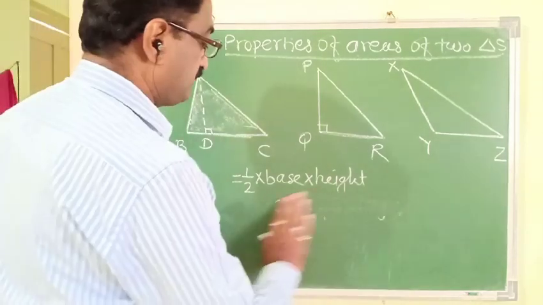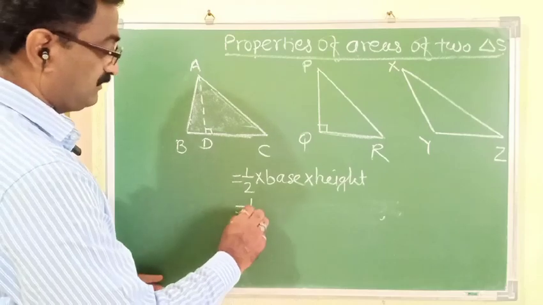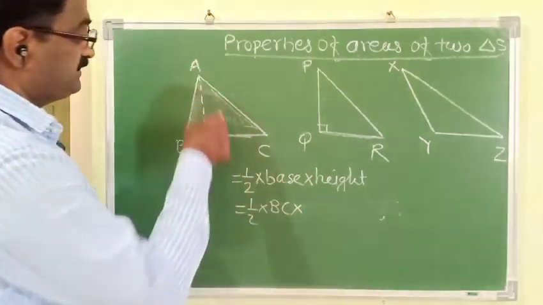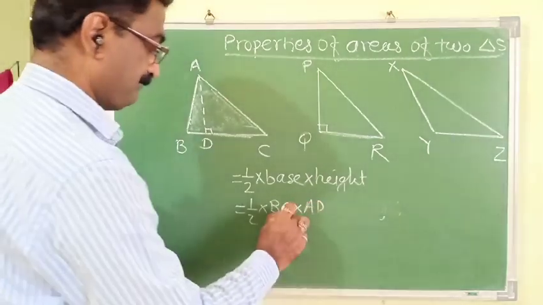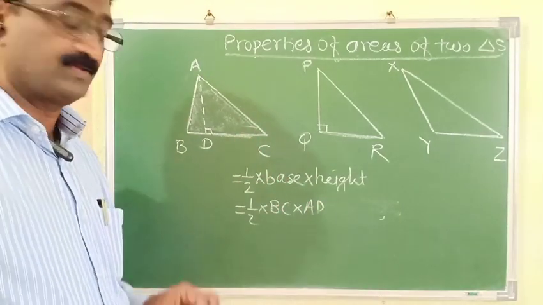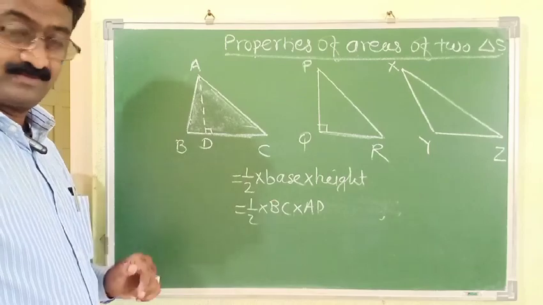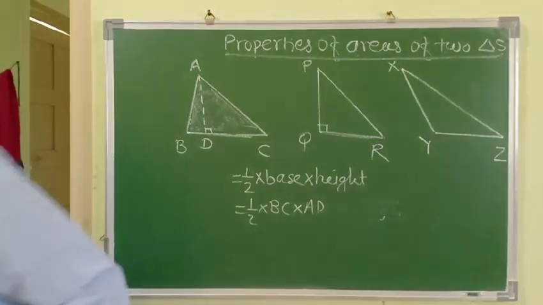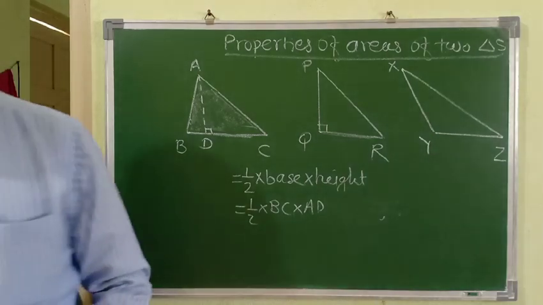So, if you take BC as the base, then what is the area of that triangle? 1/2 BC into the height AD.